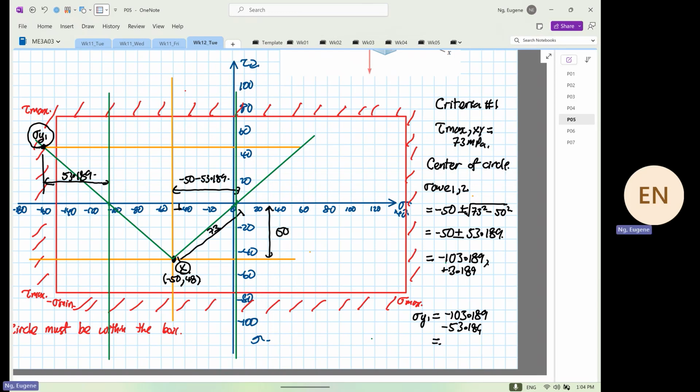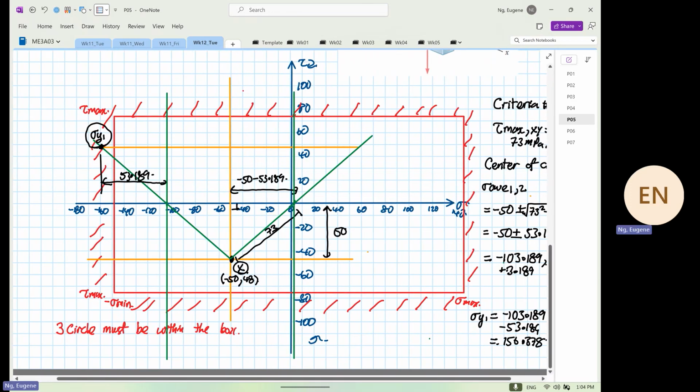So when that's the case, 103.189 plus 53.189 is equal to 156.378. Okay. So from here we can construct a circle. Okay, I'm going to draw a circle.